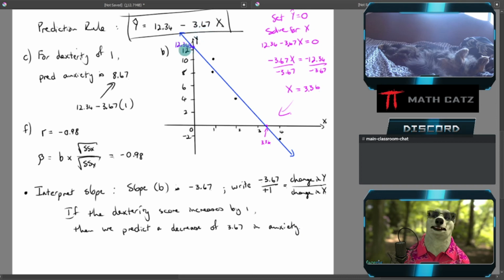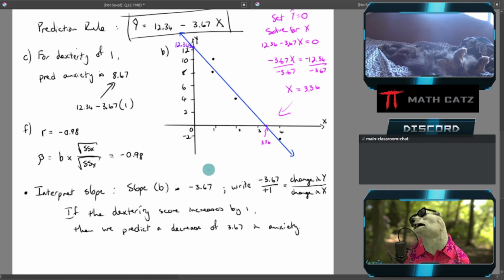We've already interpreted, maybe you didn't realize, the other number, the 12.34. That is the intercept where the x score or value is 0. What is the predicted y? So a 0 on the dexterity scale will give a predicted anxiety score of 12.34.